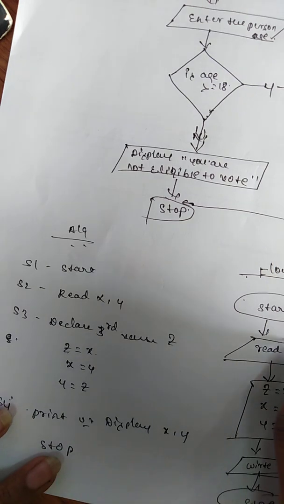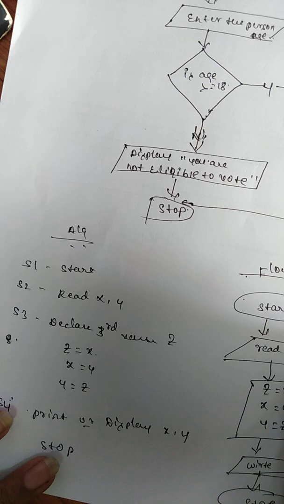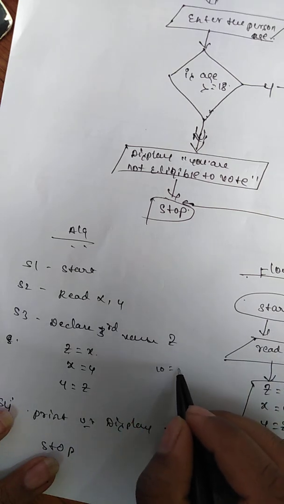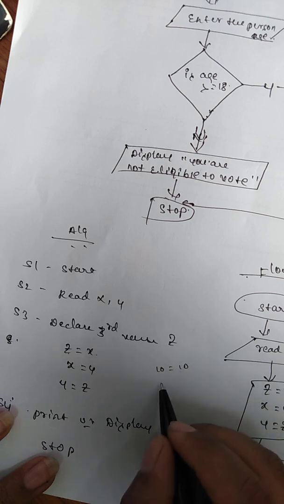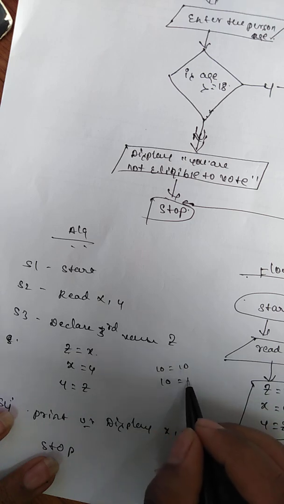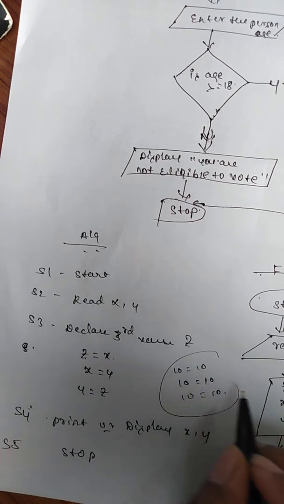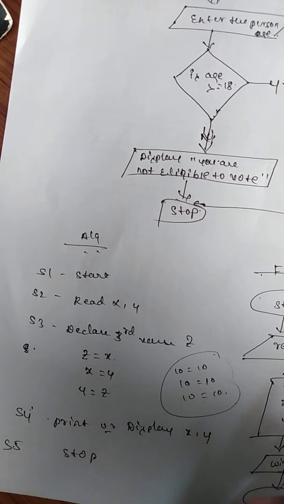We can take 10 as the value, so z is equal to 10, x is equal to 10, y is equal to 10. This type of answer you can get from the third variable program.